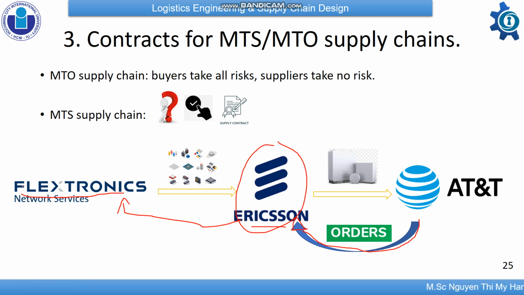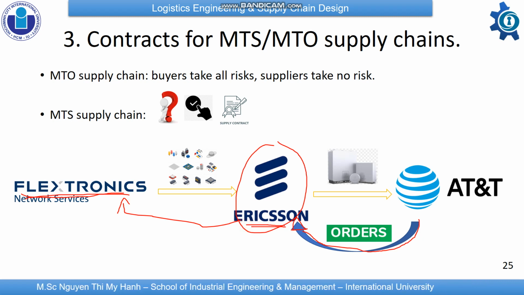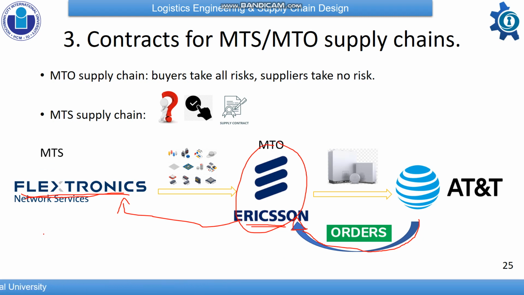So Flextronics starts producing the components before Ericsson places the orders. So Flextronics uses a make-to-stock supply chain, and Ericsson uses a make-to-order supply chain.